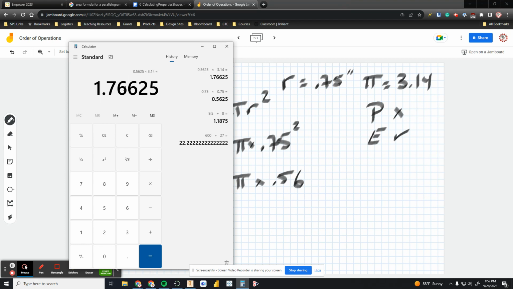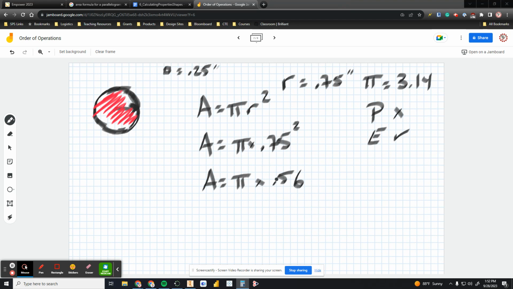I guess we should say 1.77. Area is equal to 1.77 inches squared. So this area right here is a total of 1.77 square inches. Okay. So that's how you do that one.